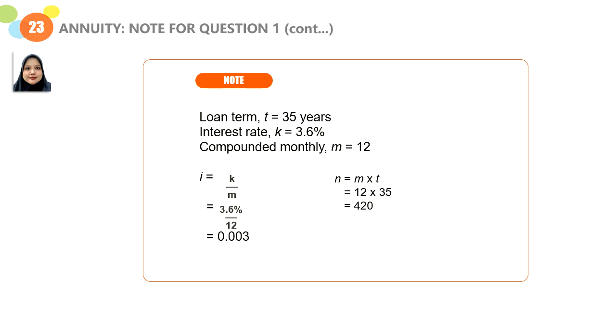Using the formula N equals M multiplied by T, we multiply 12 months per year by 35 years. N equals 12 multiplied by 35 equals 420 periods. Therefore, the monthly interest rate is 0.003 and the loan will have a total of 420 monthly payment periods.